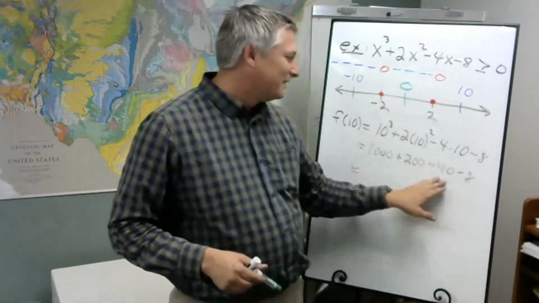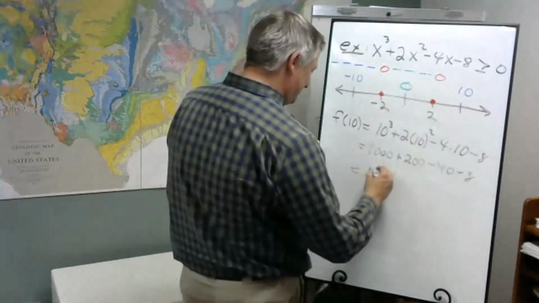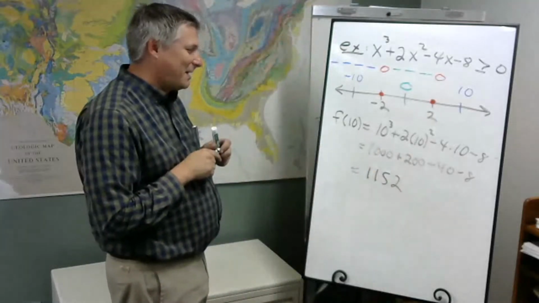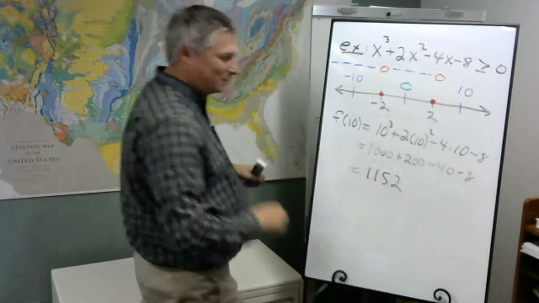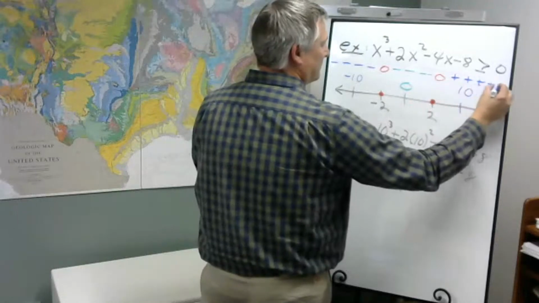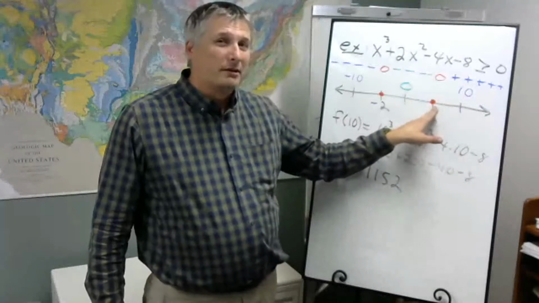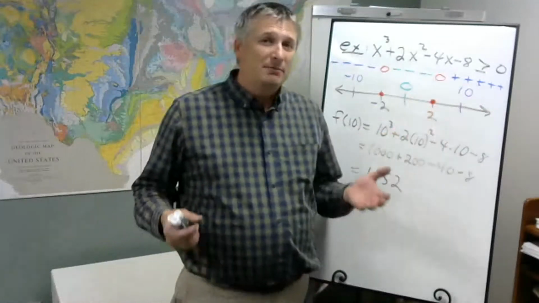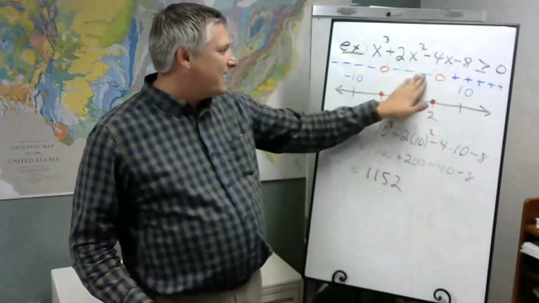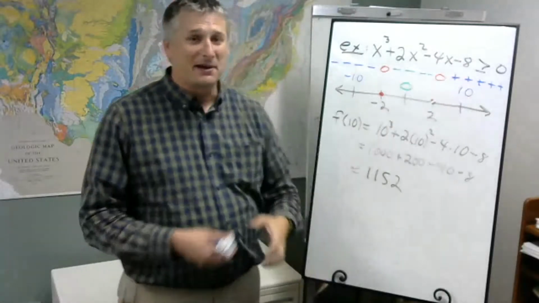Yes, 1160 minus 8 again is 1152. Double check that arithmetic. Yeah, okay. So that means we get positive. Now that's also predicted. And the reason we could predict that, this had a multiplicity of 1. It's an odd multiplicity. So that means the polynomial passes through the x-axis at this intercept. So if it's negative on this side, the polynomial will pass through and become positive on that side.